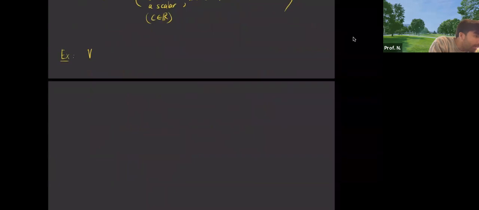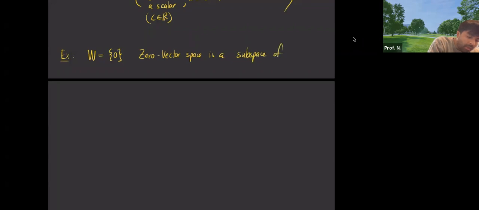If W is the zero vector space, it is a subspace of V. What this means is if you have any vector space V, then the set that only contains a zero vector is always going to be a subspace.